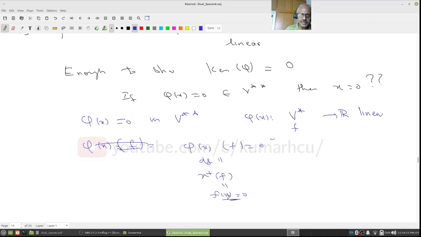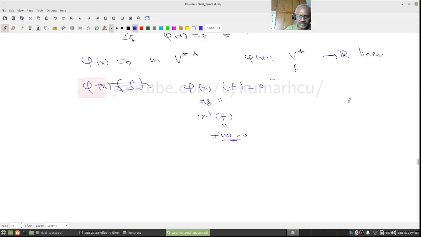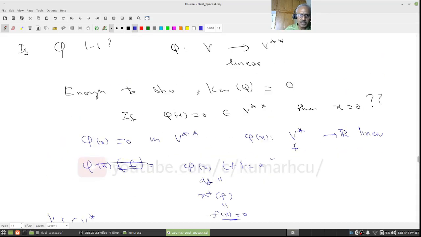So I have phi of x is 0. If I want to know whether x is 0, what does that mean? For every f in V star, f of x must be 0. I want to know this implies x is 0. Please go through, don't get confused.